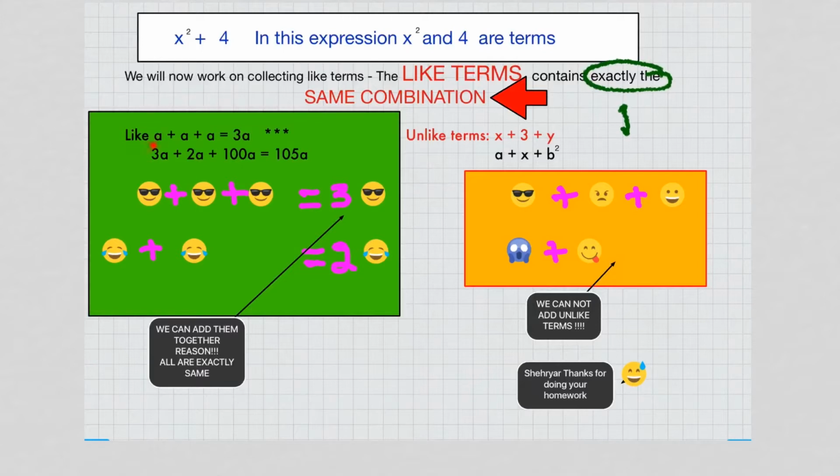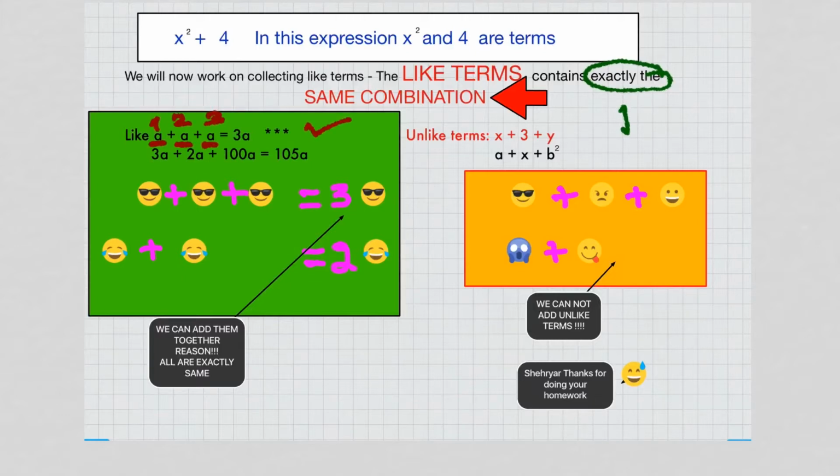See, a plus a plus a. All these 3 terms, they are all exactly the same, a and a. We can add them together and write it as 3a.